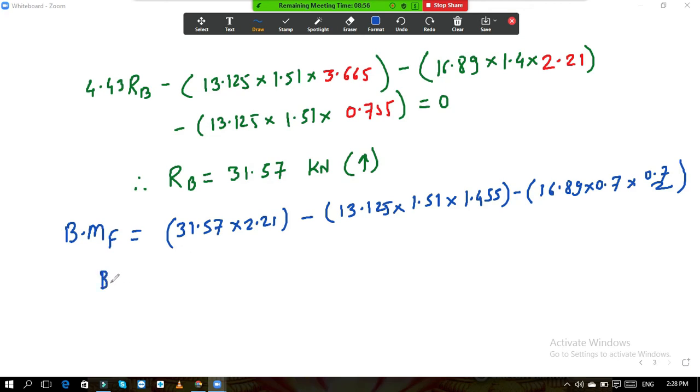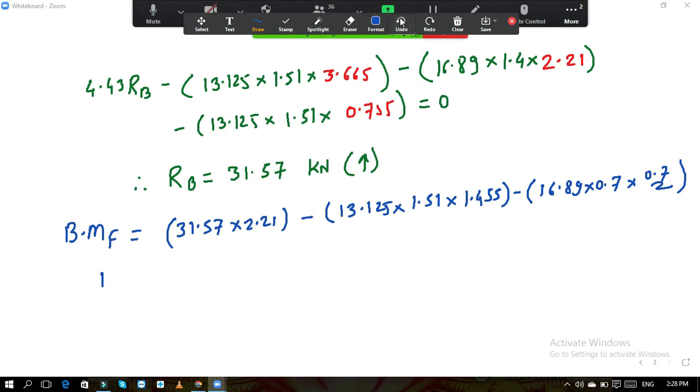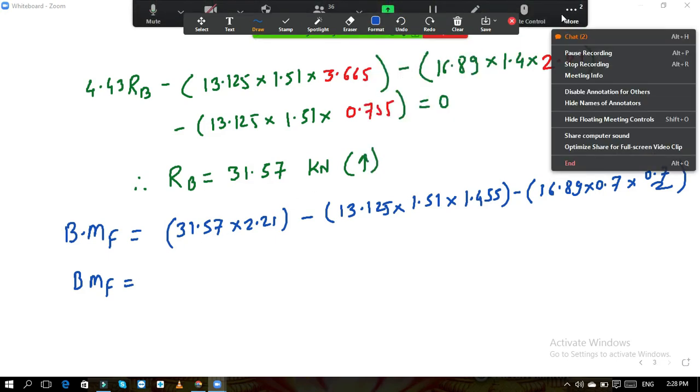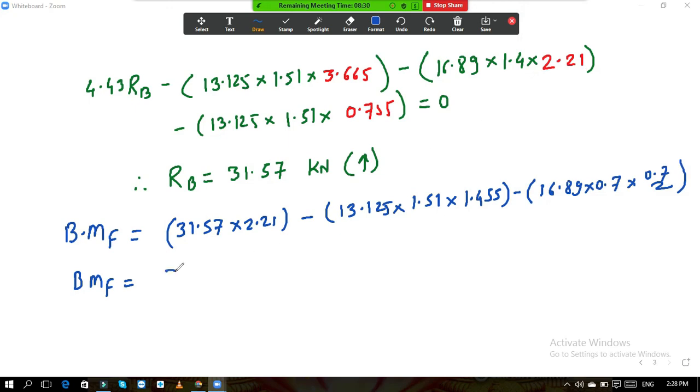So the maximum bending moment is, and the answer is, what is the answer? 36.78. Others, please check the value.